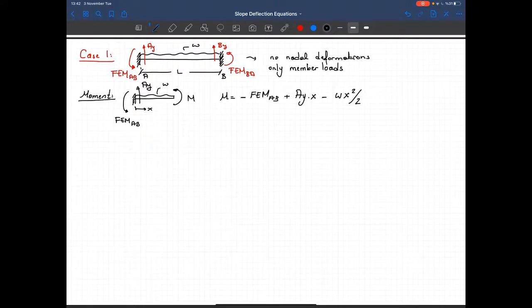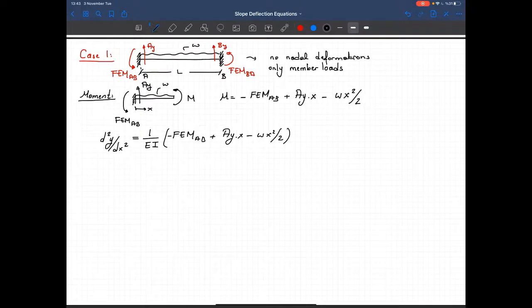Now let's write the differential equation. So d square y over dx squared is equal to 1 over EI times minus fixed moment AB plus AY times X minus W X squared over 2.